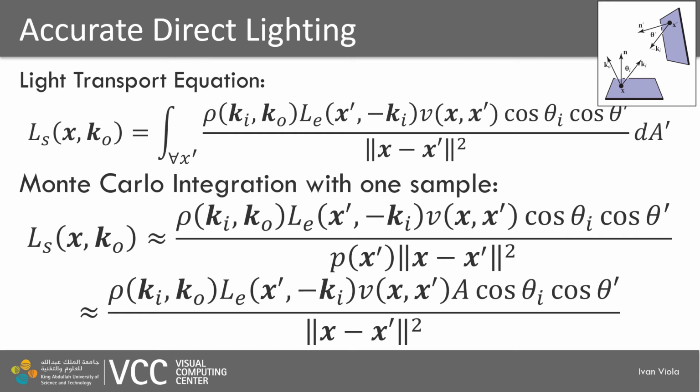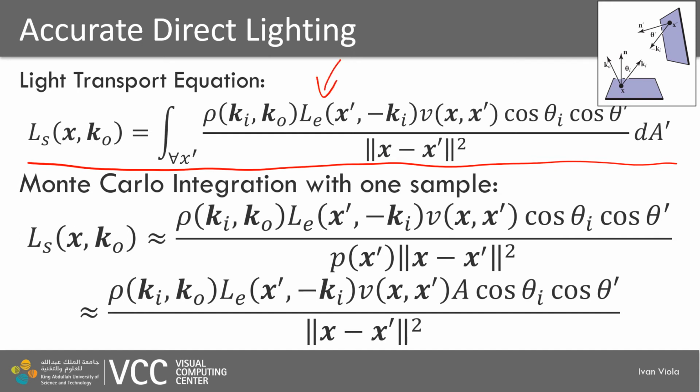Generally, the light transport equation is expressed here as we had it in our light lecture, and we see that there is again an integral over all the incoming directions, where we have our incoming radiance.